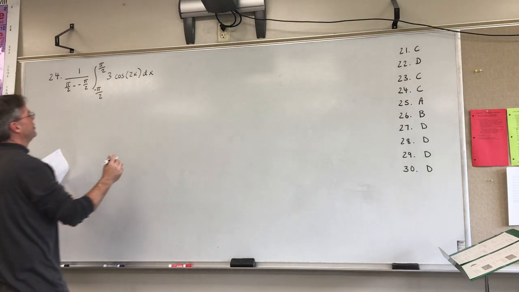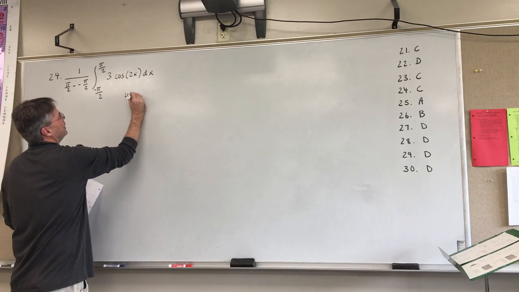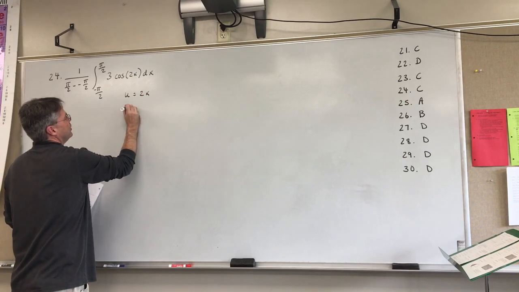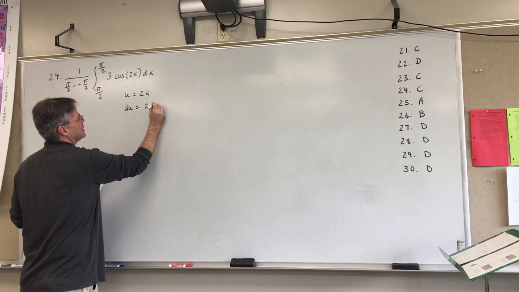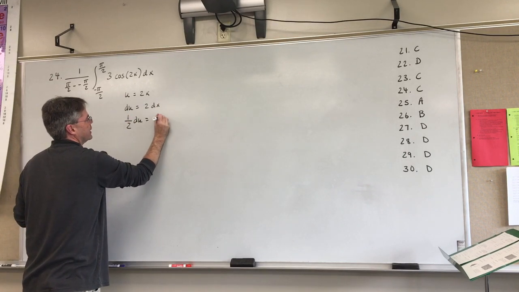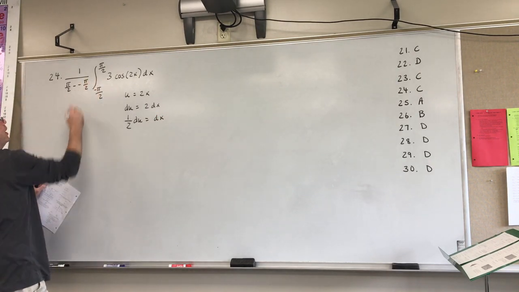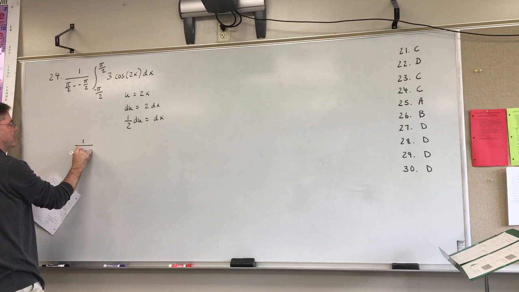Okay, so this is kind of a simple u substitution. So let's let u be 2x, du is 2 dx, so half a du is dx. Okay, so I've got 1 over pi out front.